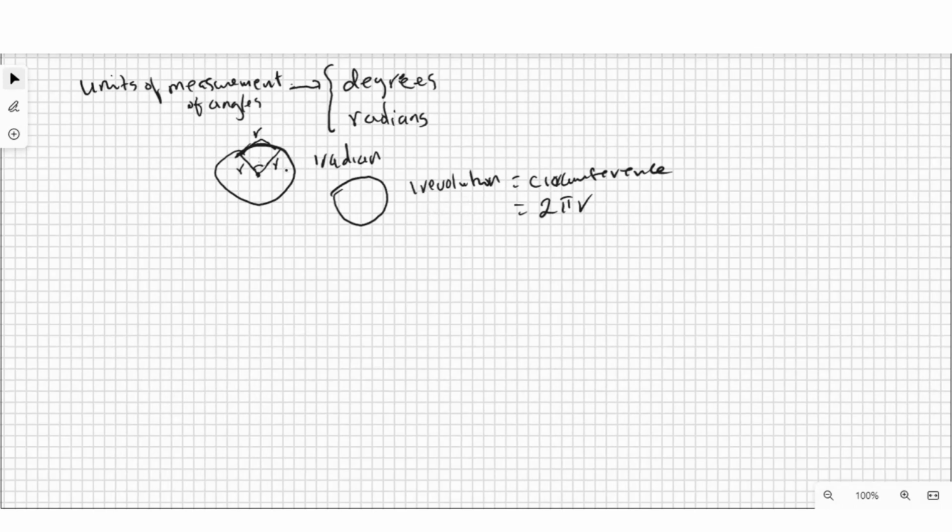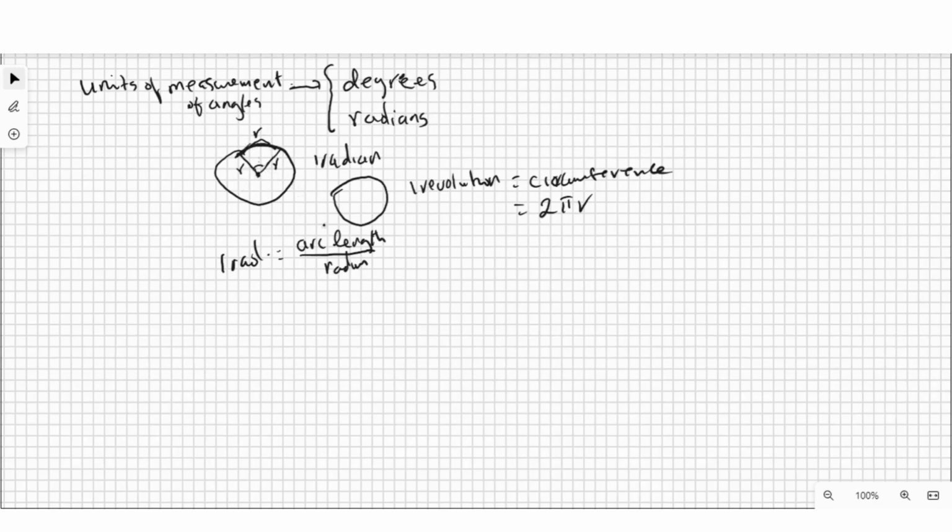In this one here, the arc length is r divided by the radius, which is r over r, which is 1 radian. Arc length over radius, r over r, will be 1.